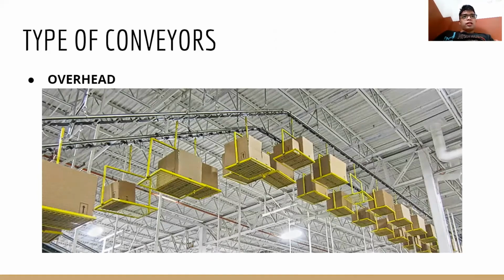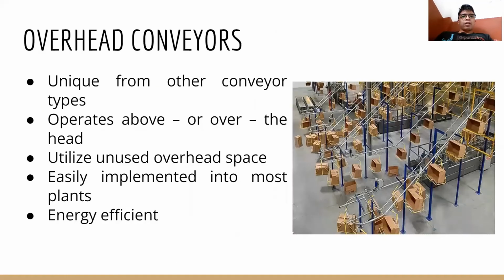And this is the next type of conveyor, which is the overhead. Overhead conveyors are unique from other conveyor types in that they operate above or over the head of both workers and other equipment. They maximize conveyance by utilizing unused overhead space, and do so via a revolving, endless loop of chain within a rigid track or a straight run of trolleys.